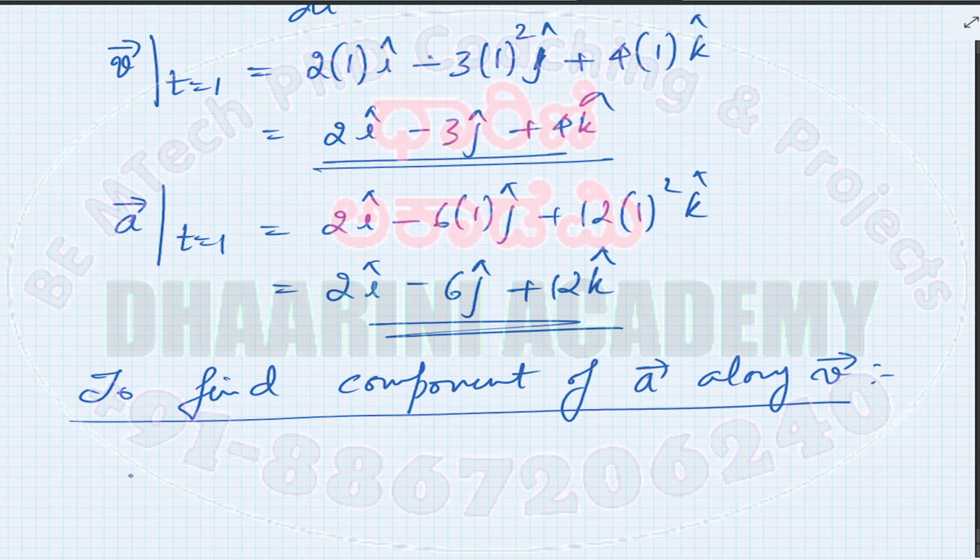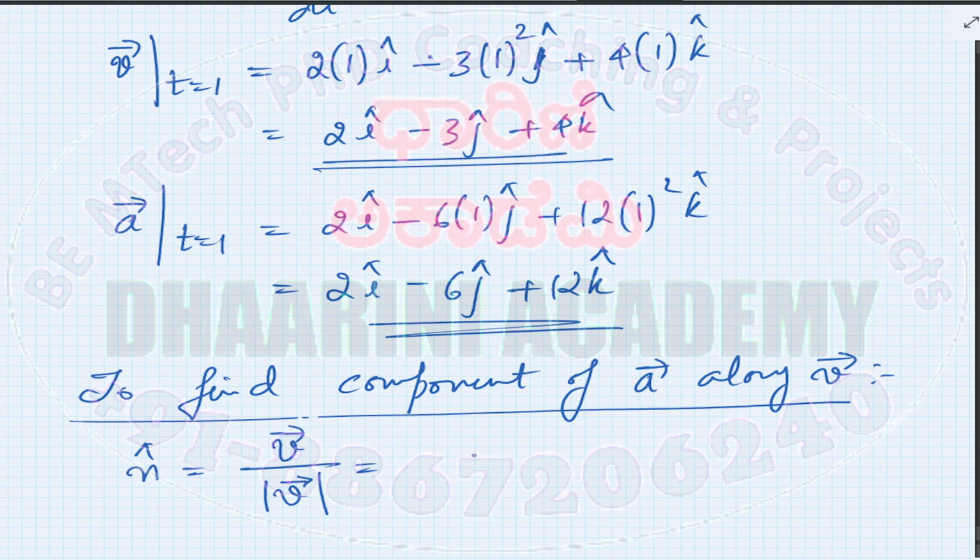So we calculate n cap. n cap is equal to vector V divided by the magnitude of vector V.